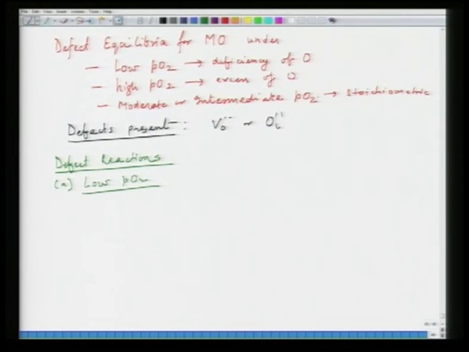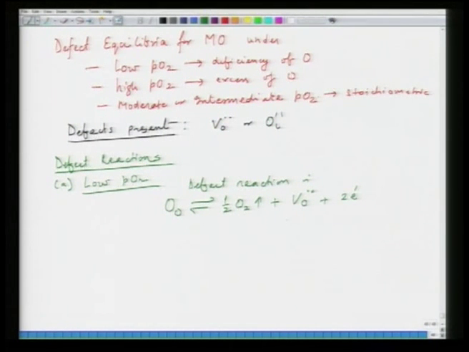So, at low PO2, the defect reaction would be OO, which means oxygen present in the lattice going out, giving rise to oxygen vacancy plus 2 extra electrons.